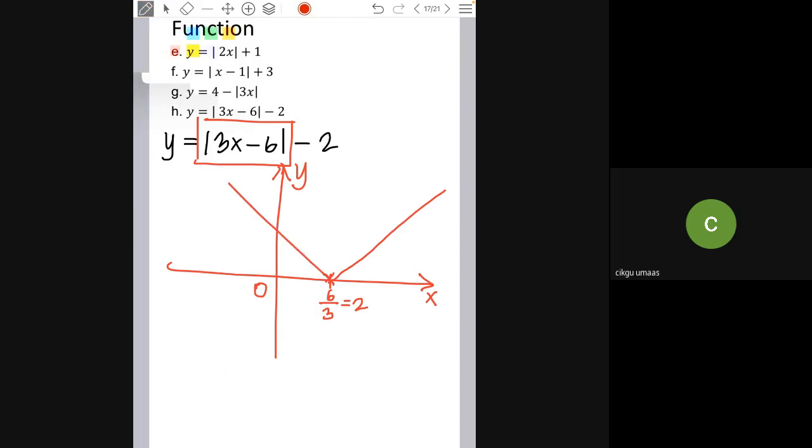But now you notice there is a minus 2 here, correct? Yes. Okay, this value you already know it's 6. So minus 2 means it will come down to 4. Here you know y is 0. It will come down to negative 2. So your graph would be something like this. This is how it looks like.